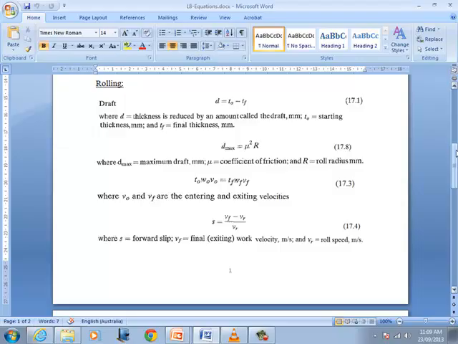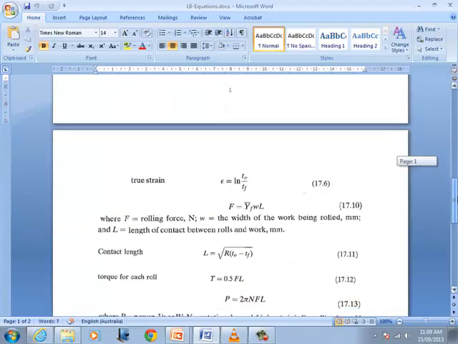And here it's a function of the radius of the roll R, and also coefficient of friction, represented by parameter mu. And we've got another equation which we had in the previous slide, so I'm going to skip this one. That one also is the forward slip, which can be computed by making use of the speed of the sheet metal and also the speed of the roll.